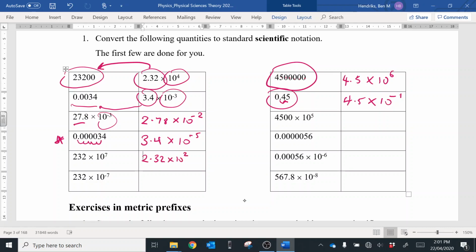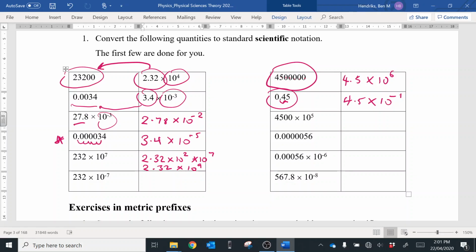That handles going from 232 to scientific notation, but we've also got times 10 to the 7. Hopefully you're familiar with the indice laws. When we're timesing powers together, they add, so it becomes times 10 to the power of 9.